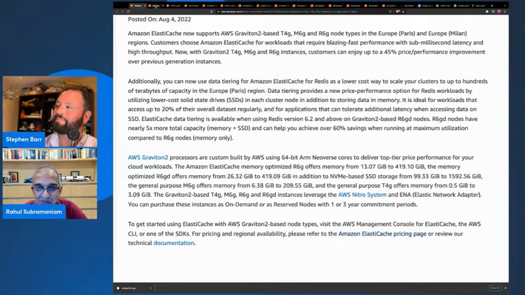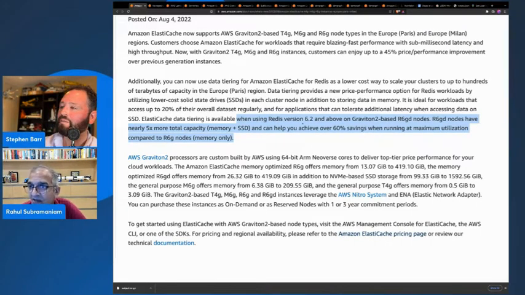They are like 60% or more. So you would actually end up spending way less on those instances than you would otherwise. Yeah, it's right there. Redis version 6.2 and above on Graviton2-based R6G nodes have 5x more capacity.